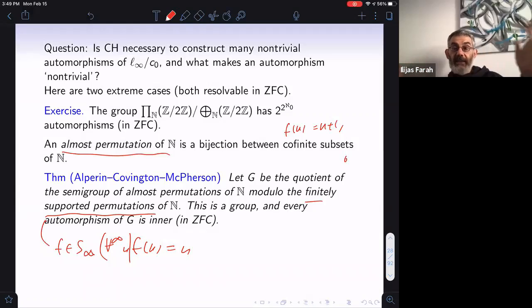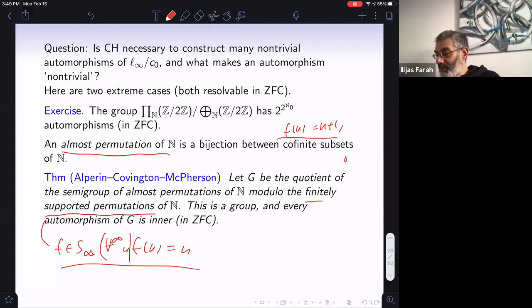Now, these are all almost permutations, and this is, I'm not sure if you want to say normal sub-semigroup, but one can take the quotient. You can take the quotient structure, and that quotient structure is a group. Right?